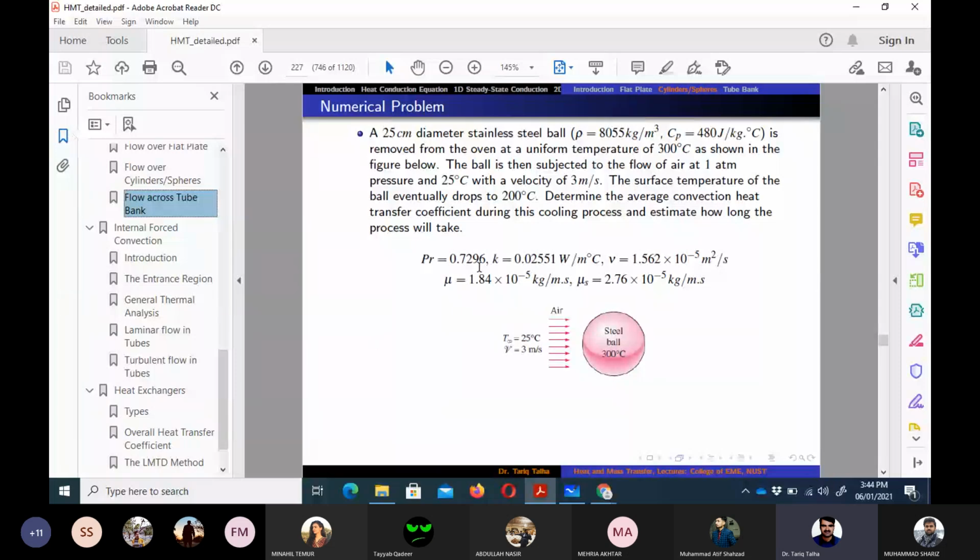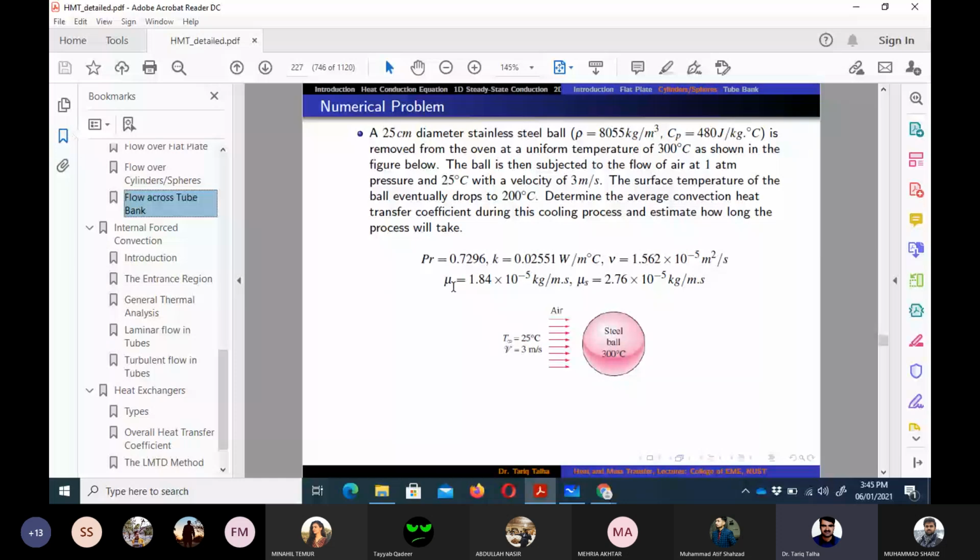Then the Prandtl number is equal to 0.7296, K value is given 0.02551. It is for the fluid. So we are talking about the K value for the fluid. It is not K of this stainless steel ball, right? And then kinematic viscosity, which is given. Then mu value is given.